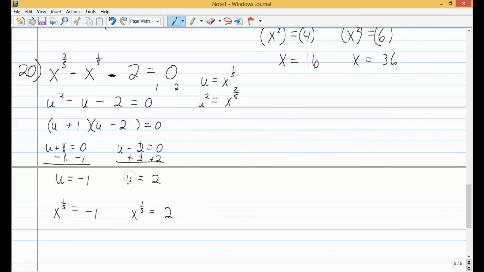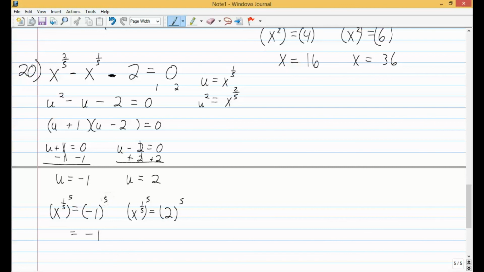All right, in both equations. So now, to solve this, take the reciprocal of 1/5, that's 5. So we raise both sides to the 5th power. Negative 1 times negative 1 times negative 1 times negative 1 times negative 1 is negative 1.